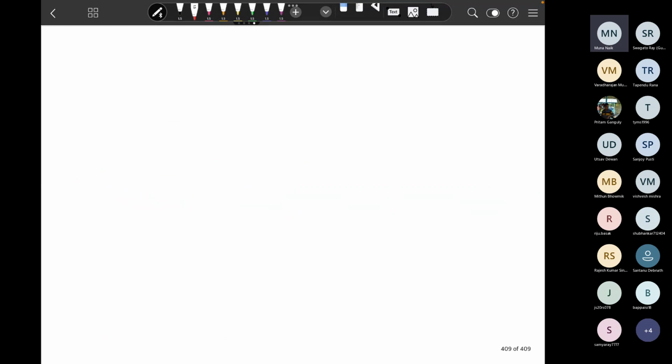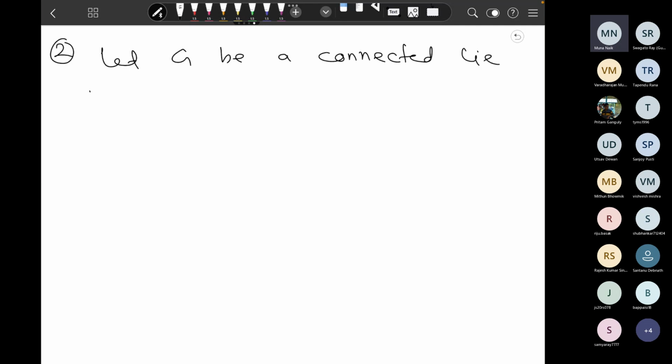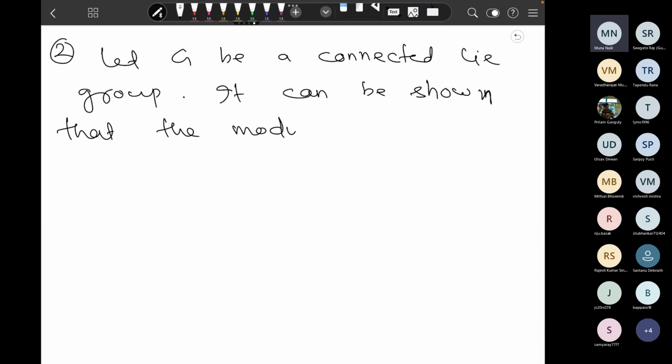In the case of a connected Lie group, you can calculate the modular function explicitly. So let G be a connected Lie group. It can be shown that the modular function delta G is really the determinant of RG.